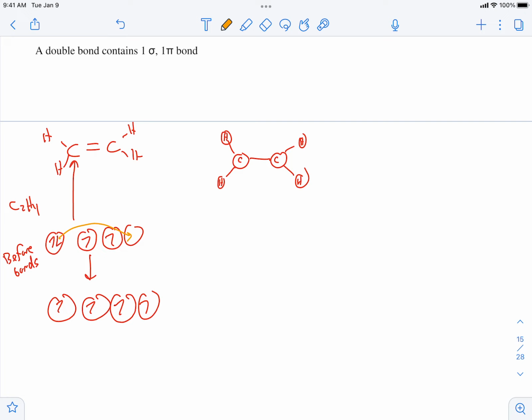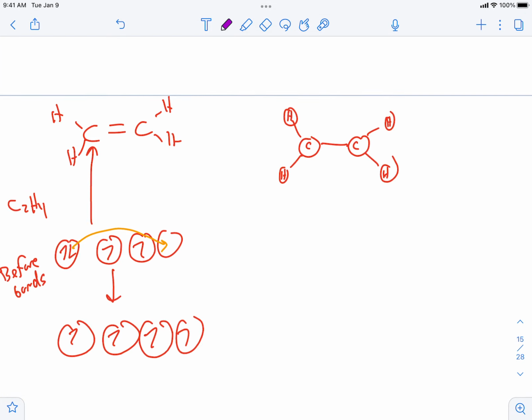Pause there for a second. Let's go back to this diagram here and label these. So I'm just going to call this A, B, C, D, A, B, C. Well, the problem is that in the simplistic diagram that I drew on the right-hand side, I did not show you the D bond yet.